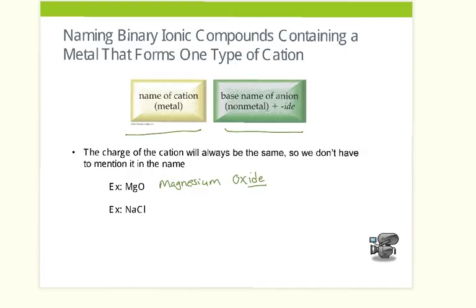We don't have to mention the charge here because magnesium is always going to be positive 2 charge anyway. Same thing with NaCl. We write our name of sodium, space, and we put the base name for chlorine and add the "ide" ending to it. So it becomes sodium chloride.